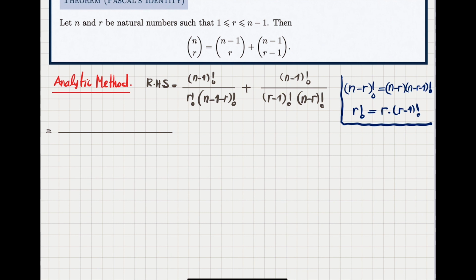No answers? r factorial. Yes? And then n minus r factorial.